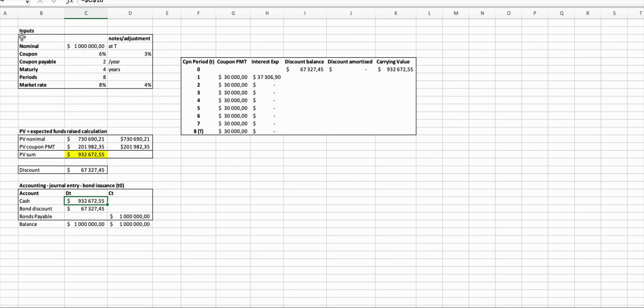We've noted down the basic terms of the bond that we found in the text assignment. This was the nominal value of the bond, the coupon rate, the coupon periods, maturity, and the market rate, which is the rate of return or yield that the investors will require on the market.